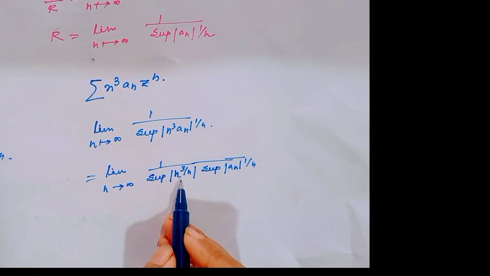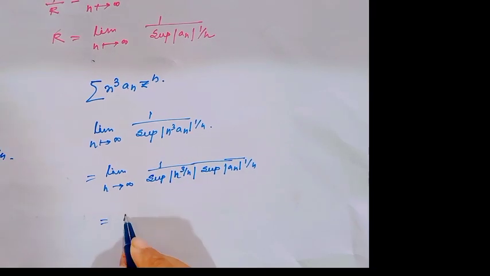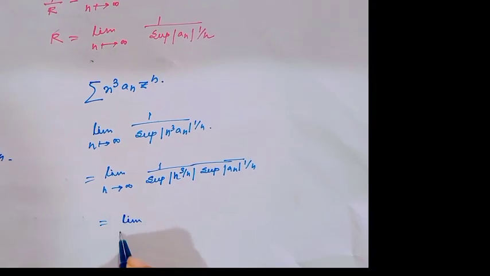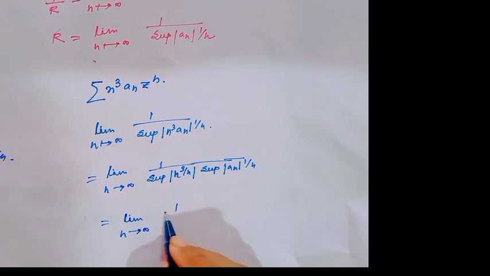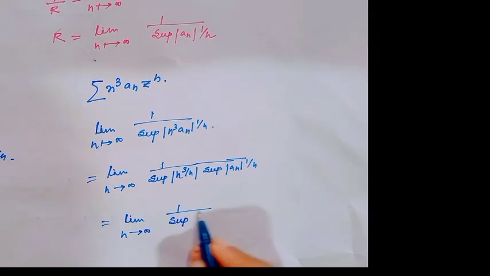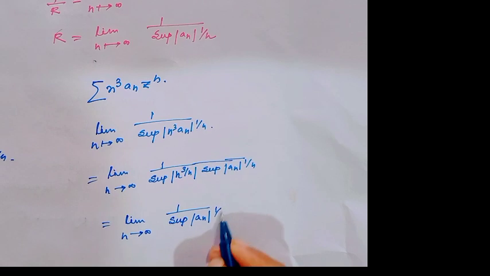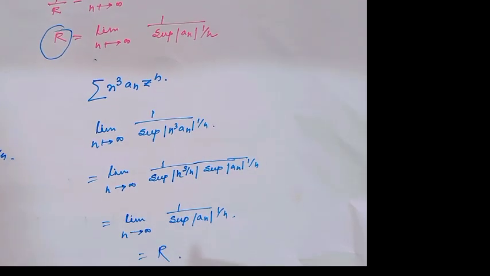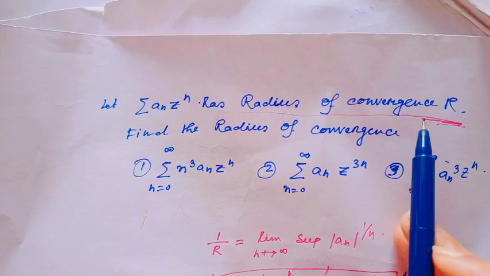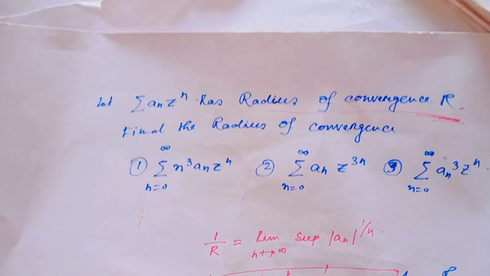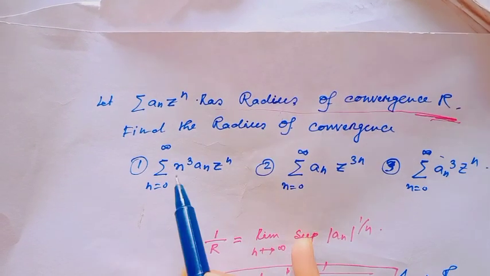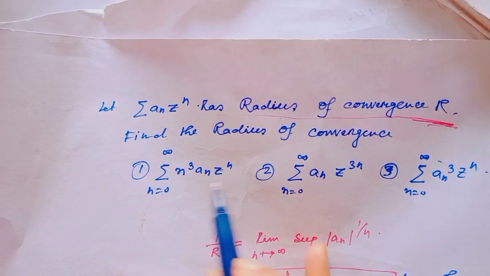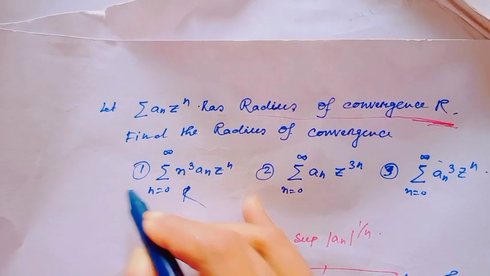And this limiting value is 1. That means this is equal to limit n tends to infinity 1 over supremum of a n to the power 1 over n, and this value is given r. Therefore, if the power series a n z n has a radius of convergence r, then also n cube a n z n has a radius of convergence r.